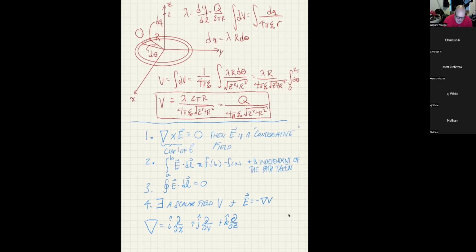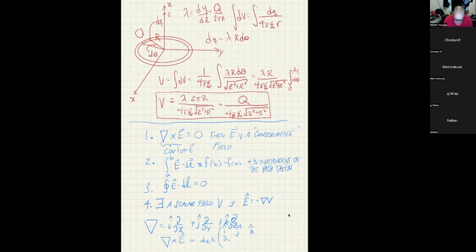The other thing I wanted to show you is del cross E. Exactly what that is, you're taking a determinant of a matrix, the first row of which is i hat, j hat, and k hat. And I'm going to use an abbreviated way of writing this.